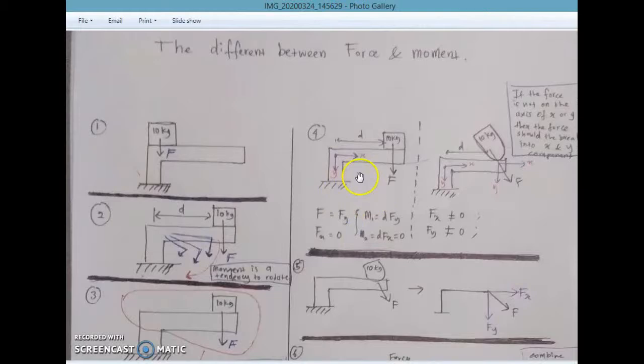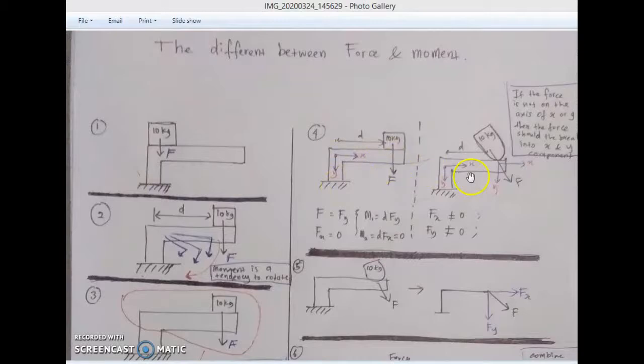For the case where F is downward like this, 10 kg downward, we would say that the force acts in the same axis as the y axis.